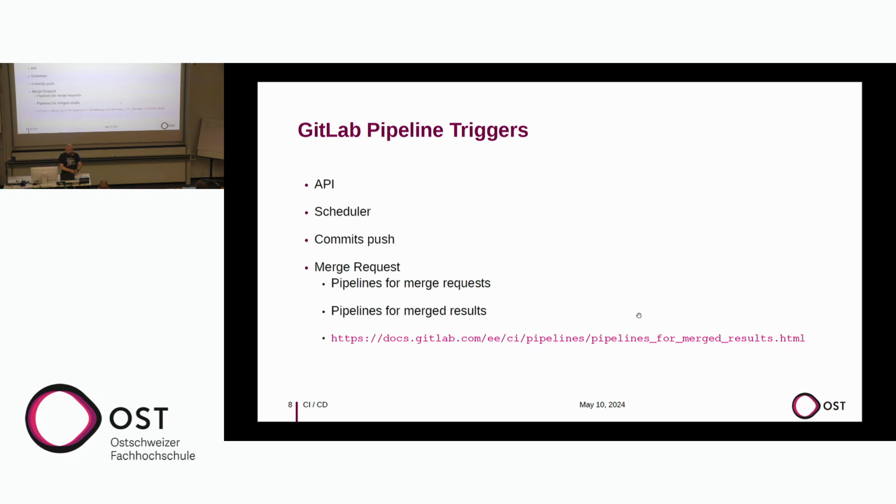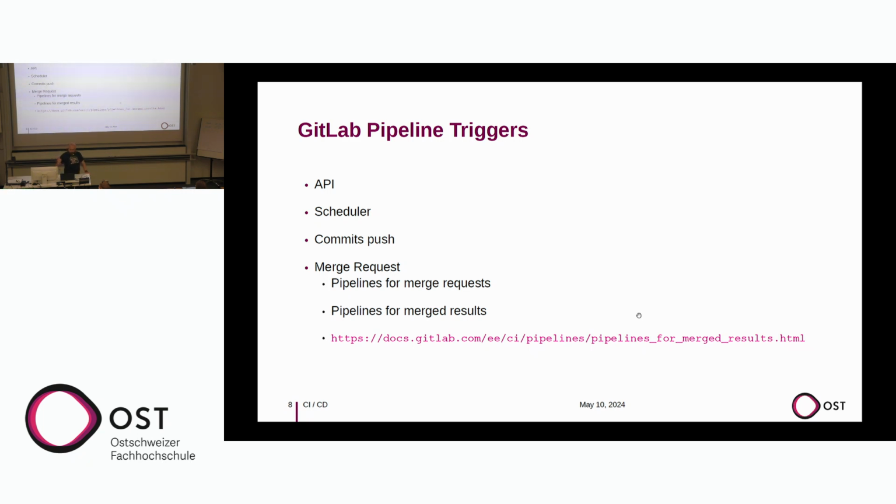But if we just need something and we are too lazy to make a cron job on a server, we could also make a schedule in the pipeline, depending on the complexity. And of course, we can also trigger the pipeline by the UI, run pipeline, or over the API. So that's also something we can definitely do.